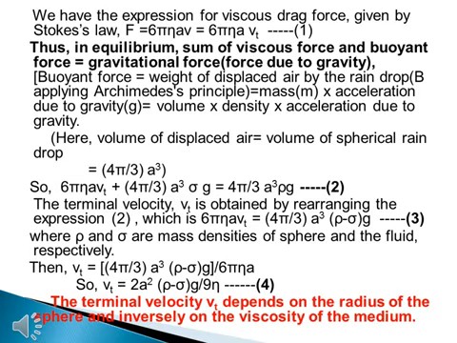When the raindrop moves with a constant velocity, the expression for viscous drag force becomes F equal to 6 pi eta a Vt, which is expression 1. Thus, in equilibrium, the sum of viscous force and buoyant force is equal to the gravitational force.